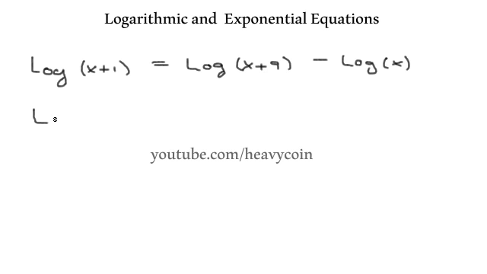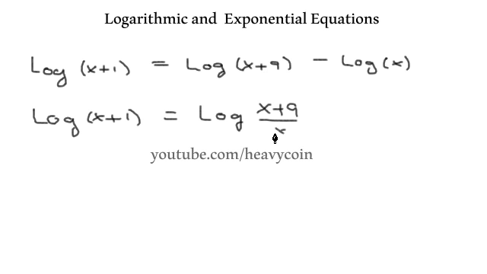So of course we're going to condense this down. That'll be the first thing we do. It is equal to log of x plus 9 over x. Now remember, there's nothing written here because there's assumed to be a 10. We assume there to be a 10 there.